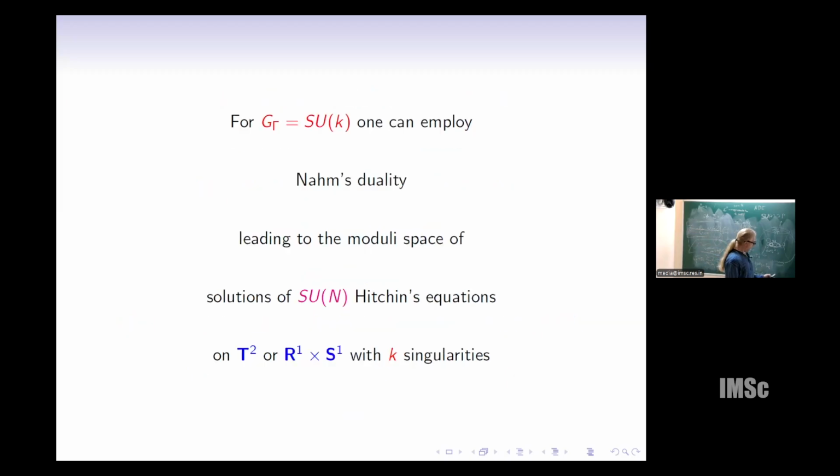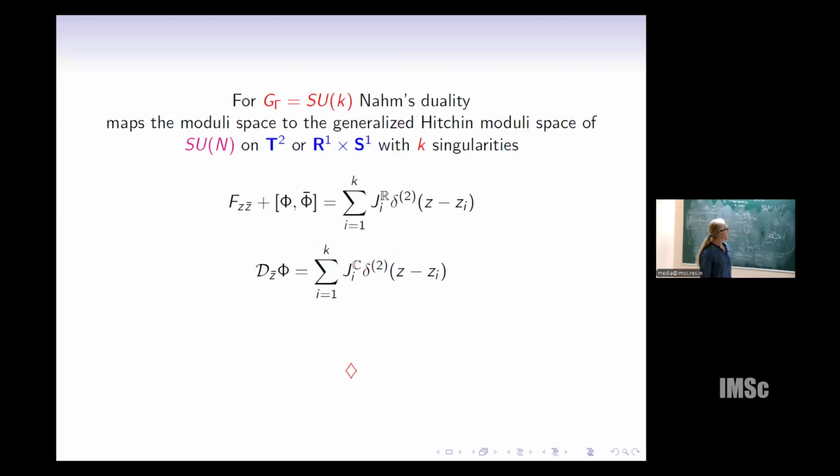Now, in the A-type case, there are some dualities one can apply to the moduli space of instantons on the space with translational symmetries, and map the instanton equations with gauge group SU(K) to the so-called Hitchin equations, which are a kind of reduction of instanton equations to two dimensions, on a two-dimensional torus or a cylinder.